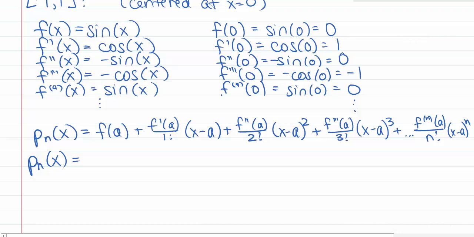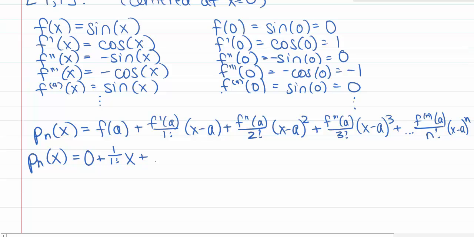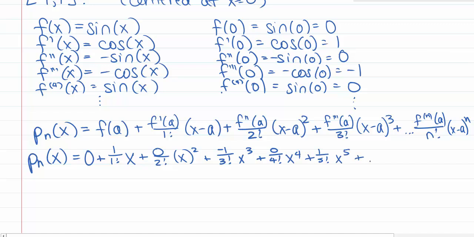So we know that f of a, f of 0 would be 0, plus f prime of 0 is 1 over 1 factorial, and x minus a is 0, so that's just going to be x, plus f double prime of a is 0 again, so 0 over 2 factorial, x squared, plus negative 1 now over 3 factorial, x cubed, plus 0 over 4 factorial, x to the 4th, plus 1 over 5 factorial, x to the 5th, plus dot dot dot.